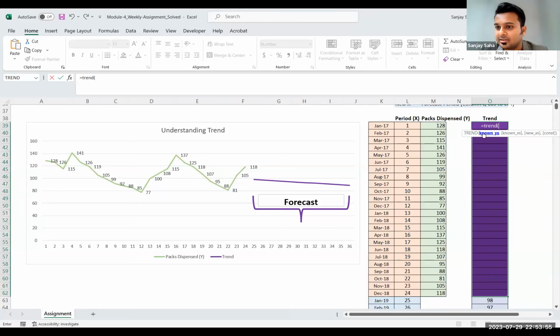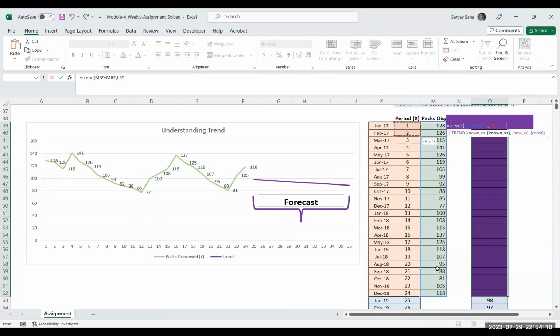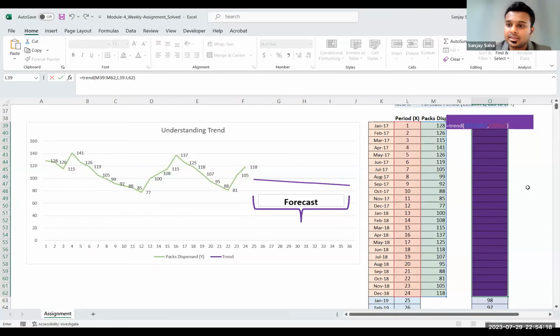If you see on screen, it is asking for known y's. So known y's is this, the number of packs dispensed per month. Now it is asking for known x's. Known x's is the period 1 to 24. Now with trend, to close this function, we just can't put the bracket and click enter.